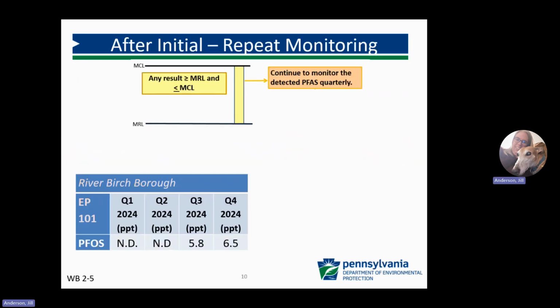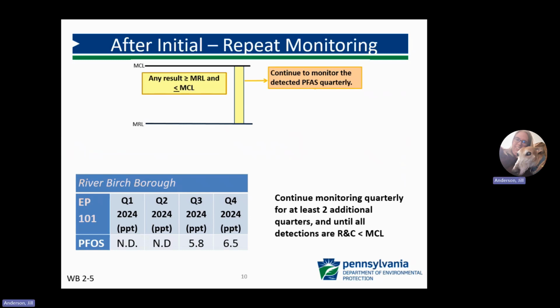So let's look at an example. Here is River Birchboro again, but now we have their PFAS data at entry point 101. You can see that there were 2 detections in quarters 3 and 4. So since they had detections, they need to continue monitoring quarterly, at least until they have a total of 4 consecutive quarters following the detection that show results are reliably and consistently below the MCL.